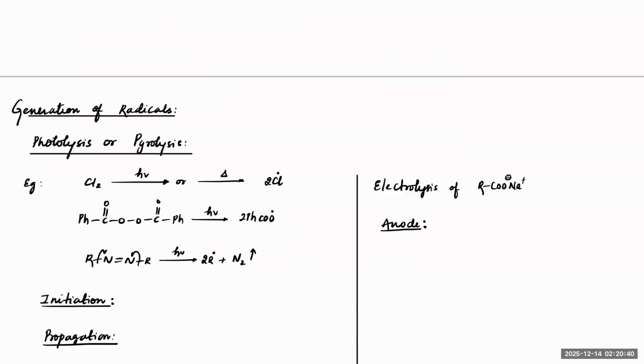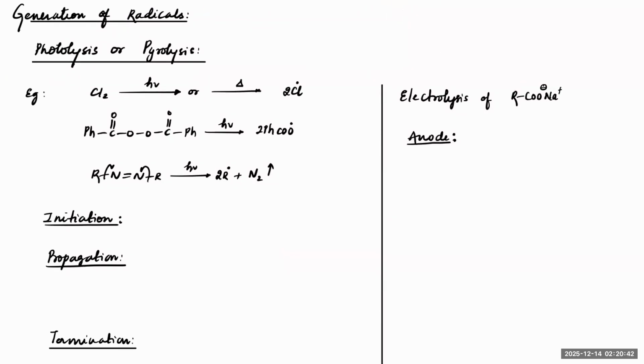Now, notice, how do we generate them? Radicals are typically generated by breaking the bond evenly, which means you are trying to get a homolytic fission. For example, if I take chlorine with light or heat, it will convert into two chlorine radicals. Likewise, if you have this peroxybenzoate, then on heating, the bond between O and O will break.